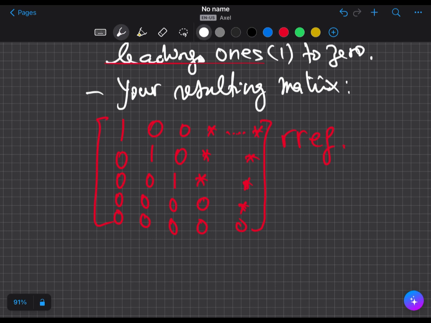So let's look at the staircase or the step ladder, right? So here I will have a 1 here and a 0, right? And you also realize that all the entries marked by asterisk can be any value, any scalar. Now, these entries are what we call the leading ones. The leading ones, right?